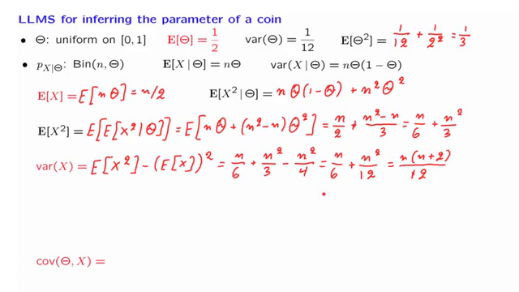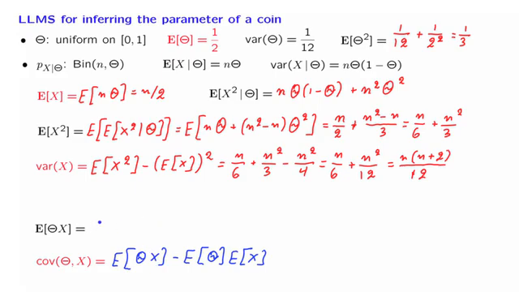The last quantity that's left for us to calculate is the covariance of theta with x. We're going to calculate it using the alternative formula for the covariance, which is the expectation of the product minus the product of the expectations. We have the expectations, but we do not have the expectation of the product, so we need to calculate it.